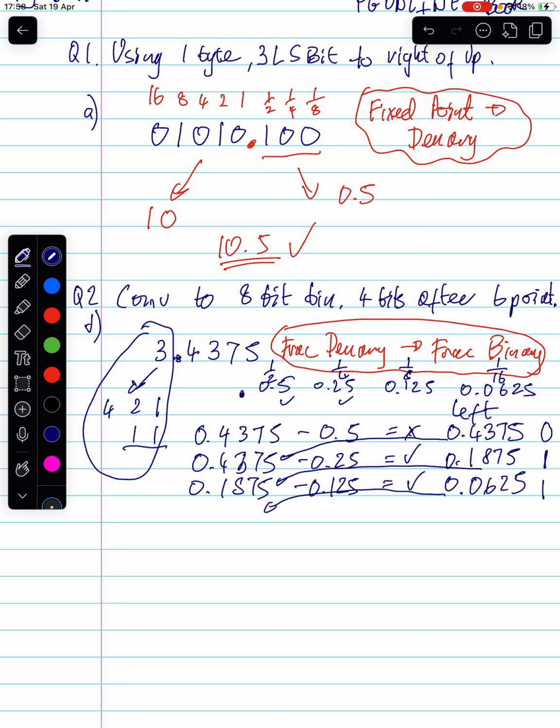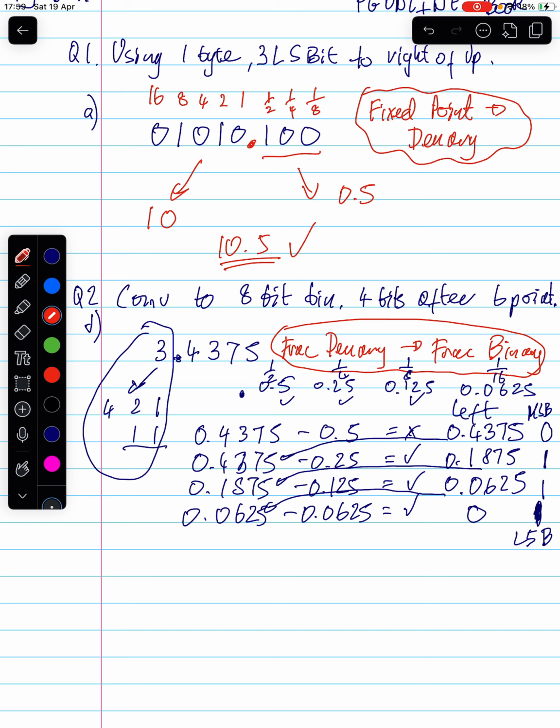Then we just copy that over here again, 0.0625, and now our last one is 0.0625, and that's going to be yes, because there's nothing left over, so we have a 1 here, and that's 0. So we don't need to go any further. Now this is our most significant bit, and this is our least significant bit.